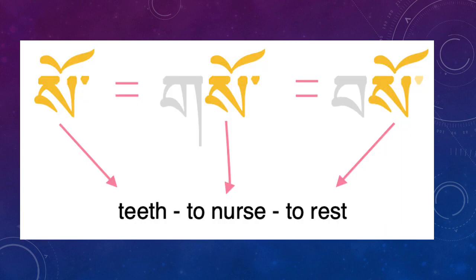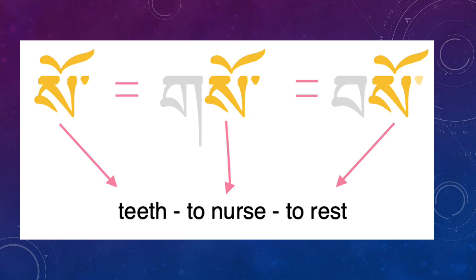So we've seen, we have prefixes, we have suffixes, we have post suffixes, meaning that you can have a word or three different words that are spelled differently but that are pronounced exactly the same. So here we have such an example.